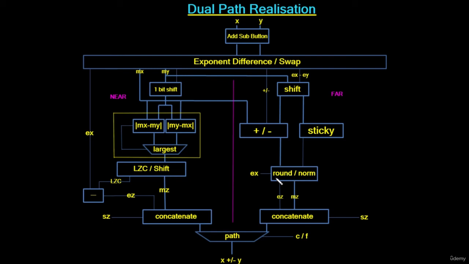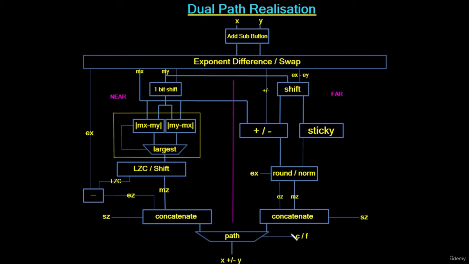We then output the value for our exponent, Ez, mantissa, Mz, and then we join on to the sign bit, which is given by Sz, so we concatenate these three together. We then pass this into the multiplexer, and again we make our choice.